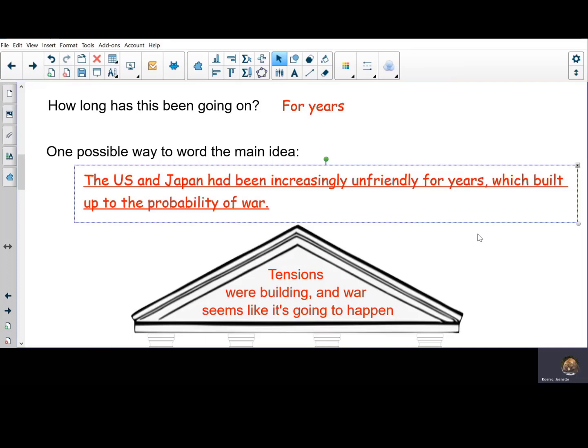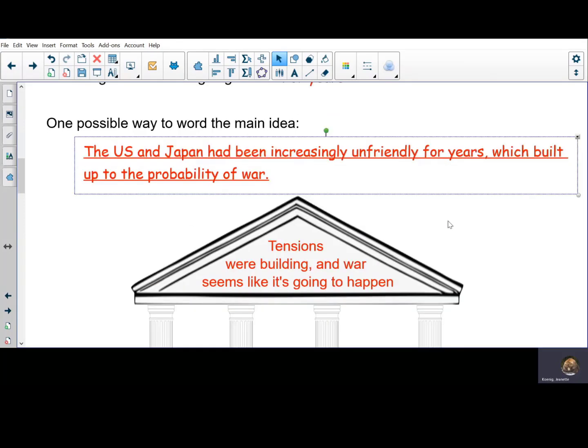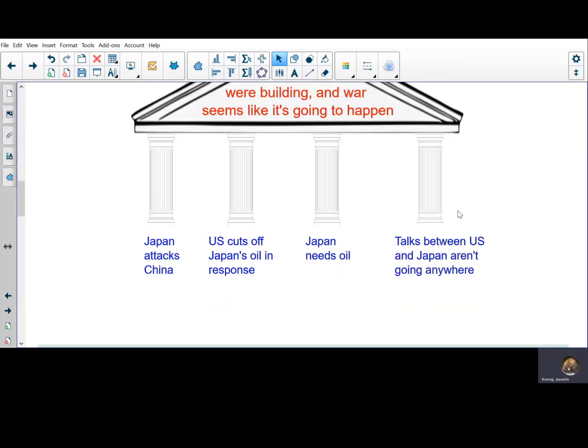No. One of them is going to be better. You'll never get 2 choices that say essentially the same thing. Something important will be different about them. So here our main idea is tensions are building, war is going to happen. All these other sentences are supporting it. Japan attacks China. The US cuts off Japan's oil in response. Japan needs the oil.